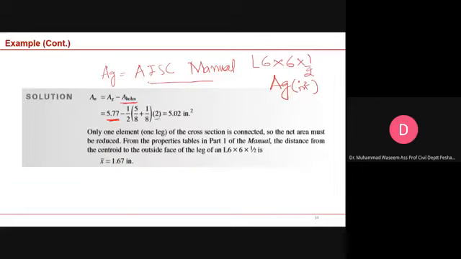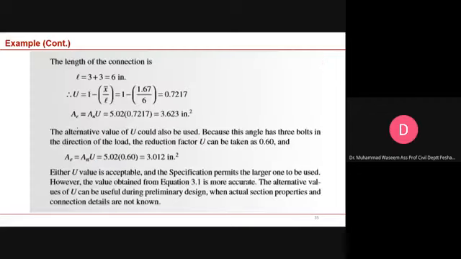So two holes, and this is the thickness. So you can calculate this one. Now what you have to do, you have computed the net area, so you can calculate U. This L is 6, for the 6 by 6 by half angle.